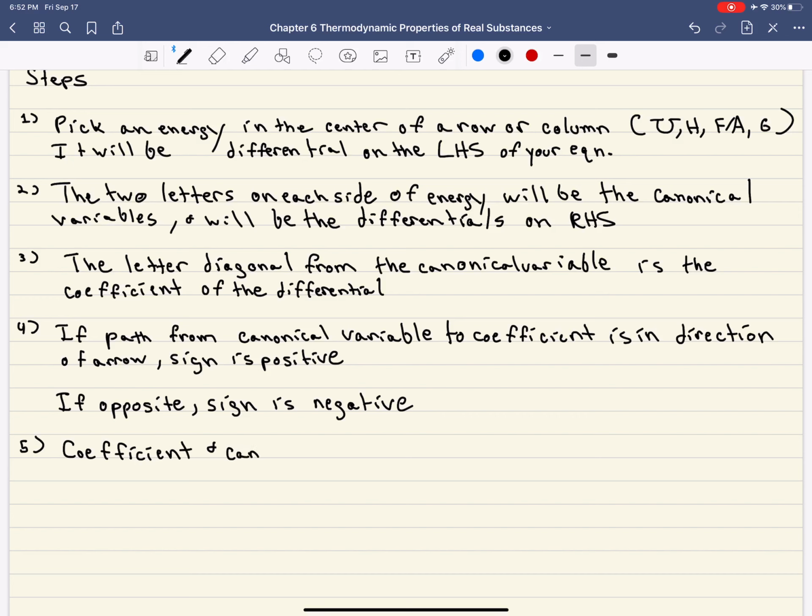So here, the coefficient and the canonical variable in the same row or column provide the Maxwell relation. All right. And so I'll show you how that would work. Okay?